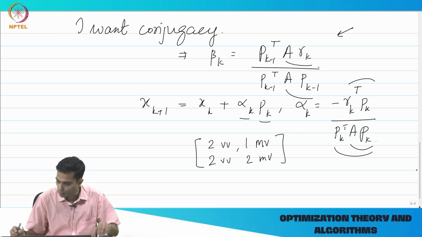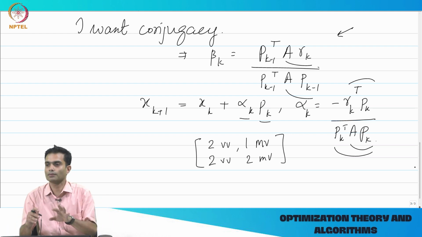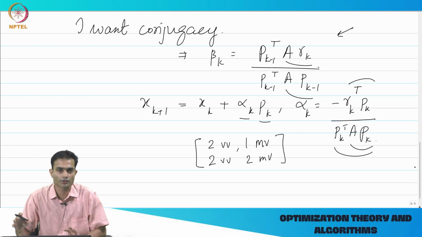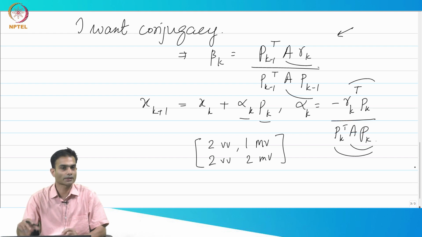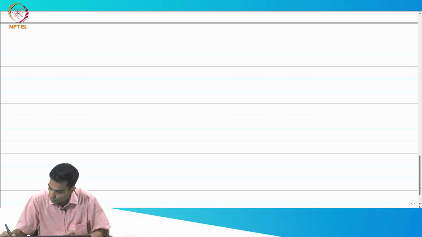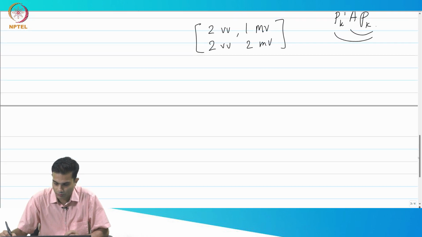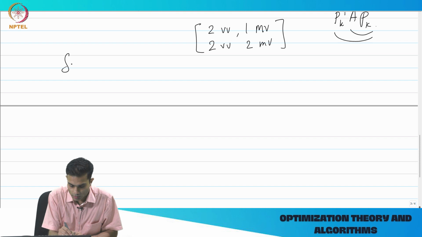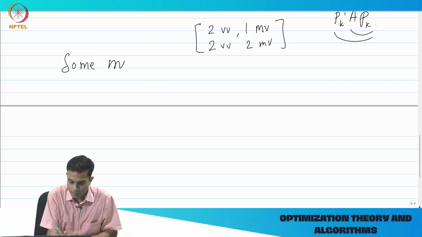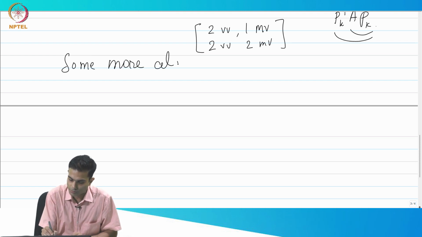Now this looks like the most basic version of conjugate gradient. It is actually possible to simplify these expressions a little bit more, which is the more commonly found version of the conjugate gradient method. I'll just outline some of it, and then you will see the even simpler form of the conjugate gradient method.